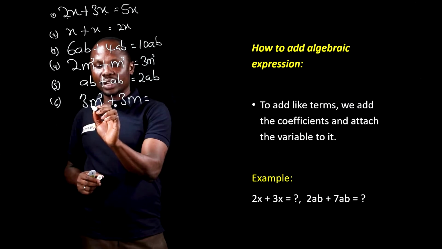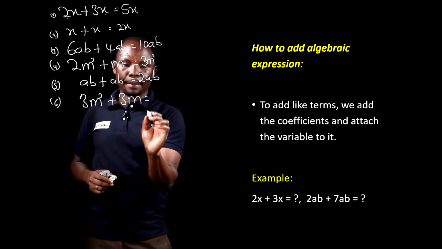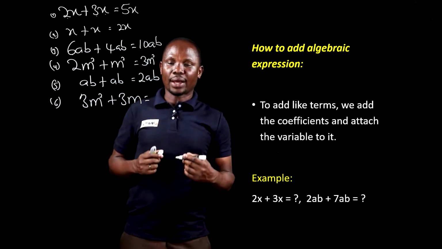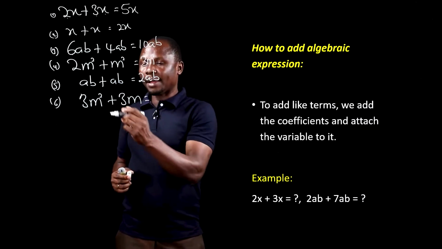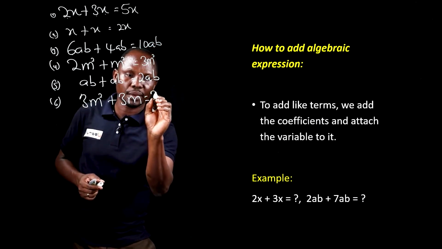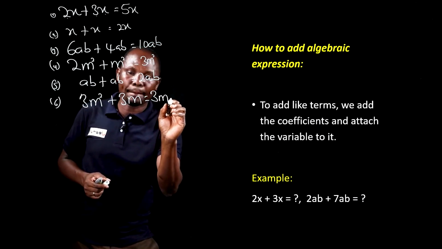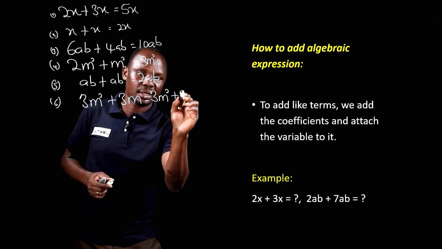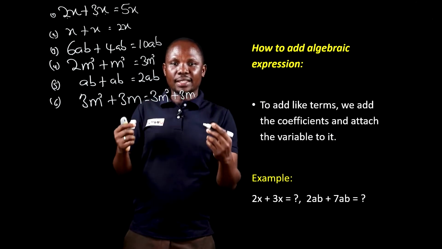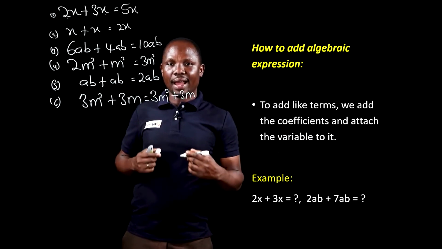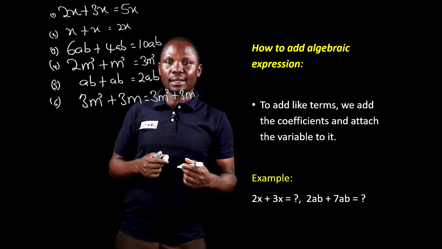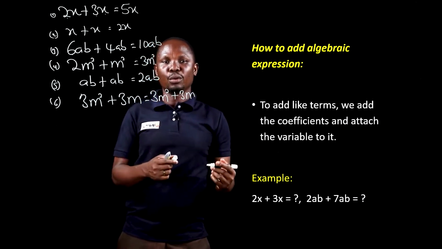So since this one is m squared and this one is m, they are unlike terms, and so we cannot add. So 3m squared plus 3m, the answer remains the same, 3m squared plus 3m. It's like adding 3 oranges to 2 mangoes. You also get 3 oranges and 2 mangoes.